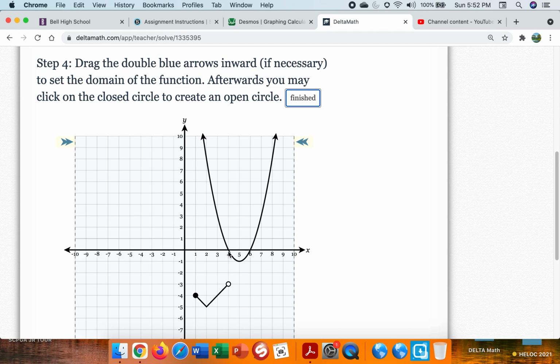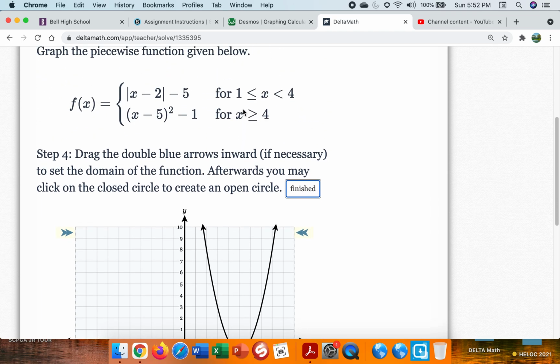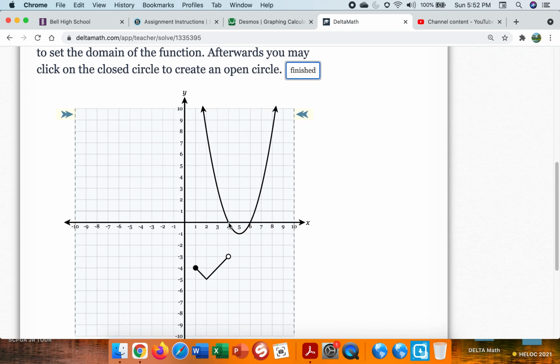I want it to be exactly at 4 or greater than 4, which is everything to the right of it. So I'm just going to move this one starting right there at 4. And everything greater, I don't need to move this one. It's already taken up to infinity.